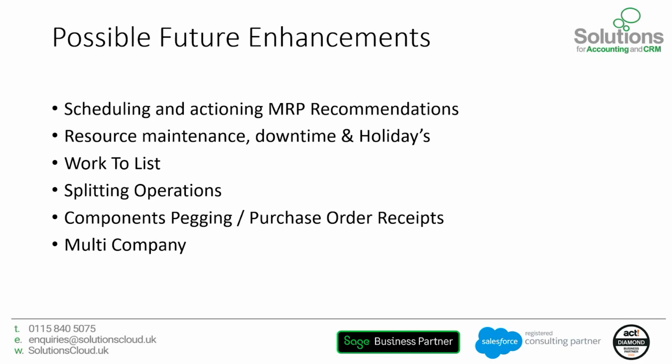One of the things that Cim recognized the graphical and web view could be useful for is for that work to list to be shown on a website, so that if you wanted to have that website shown on a screen within the shop floor, you could have a simple view of work to lists.